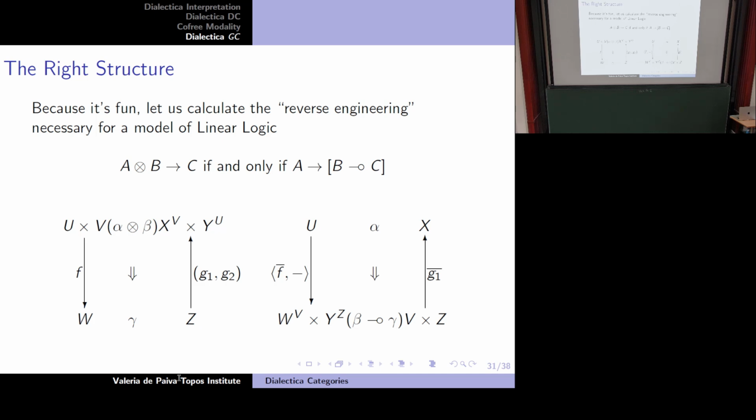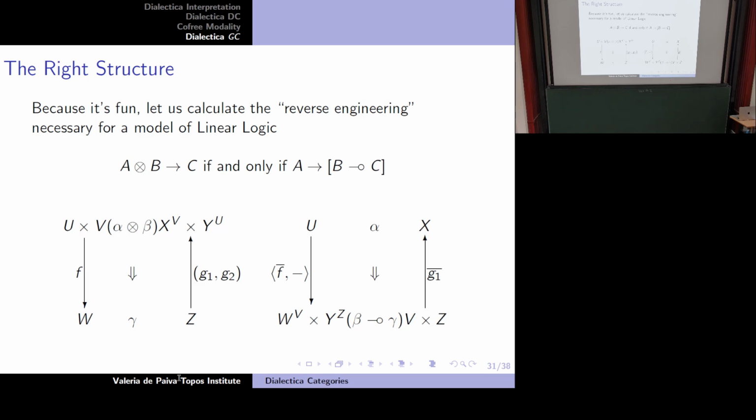So if you have a little f from U cross V to W, you can simply send the V to the other side and end up with U going to W to the V. And if you have a G2 going from Z to Y to the U, you can just curry it twice to get U cross Z into Y, and then send it again, you get U to Y to the Z. So the types just work perfectly. You don't have to do anything. They just fit.